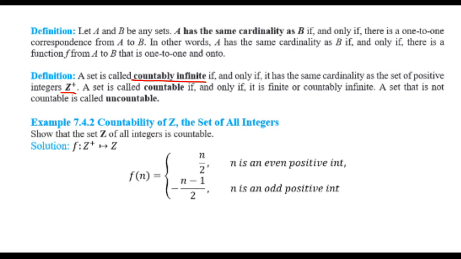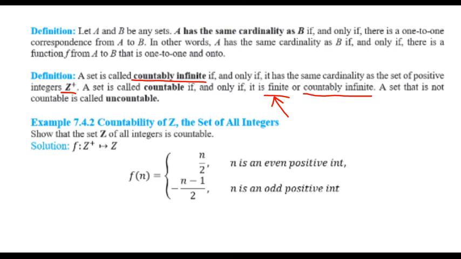And the rest of the definition says a set is called countable if and only if it is finite or countably infinite. It's obvious that if a set is finite, you can count the elements of that set, right? So the first part of this definition is easy.